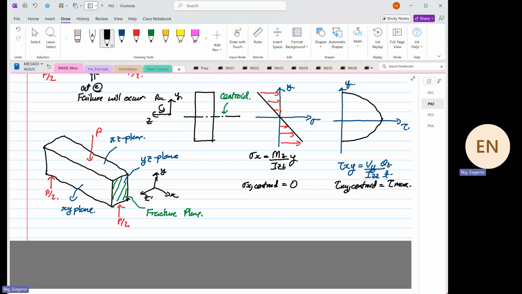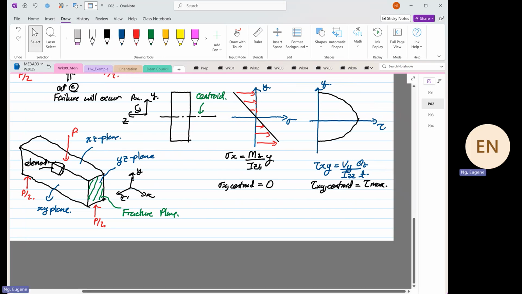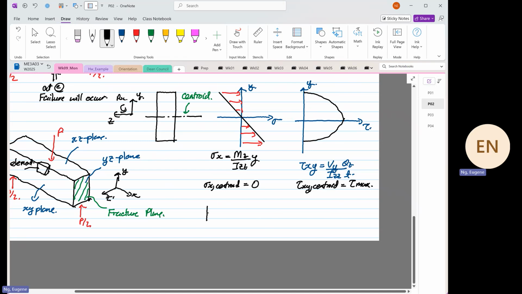So that is why when we put our element here, this is our element. In 3D, by the way, what we see is we have an element over here. We have our stress Y, and then we have our shear going this way, and this is shear XY.